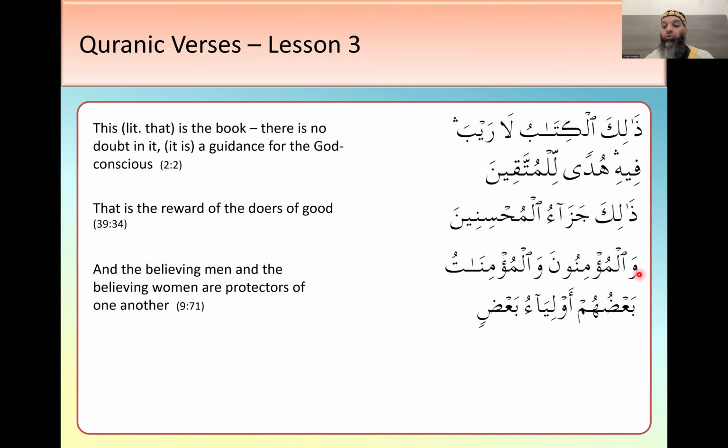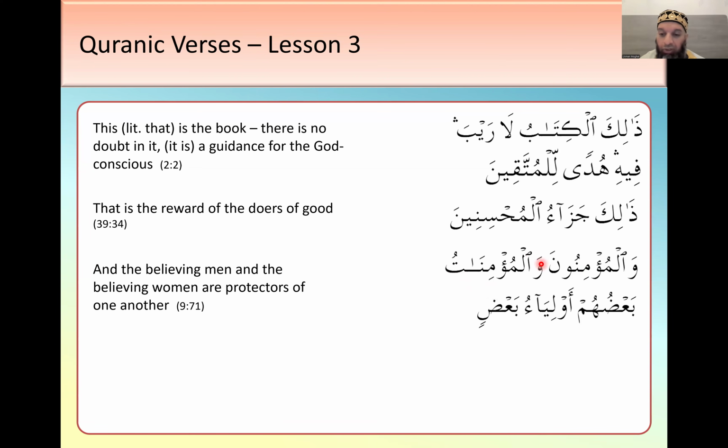So, وَالْمُؤْمِنُونَ and the believing men, وَالْمُؤْمِنَاتُ and the believing women. What makes this plural? What makes this one plural? Excellent. The atun is making it plural.